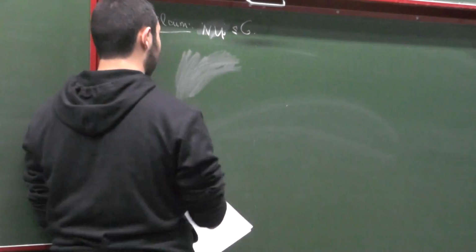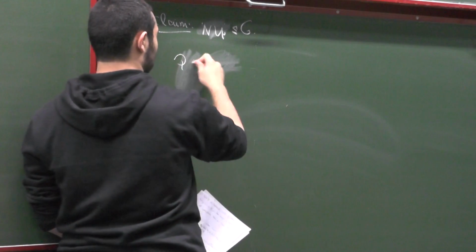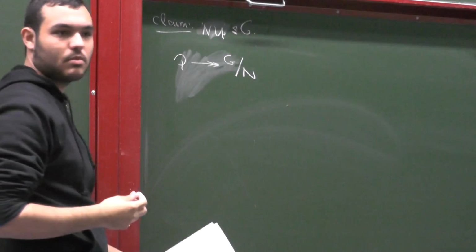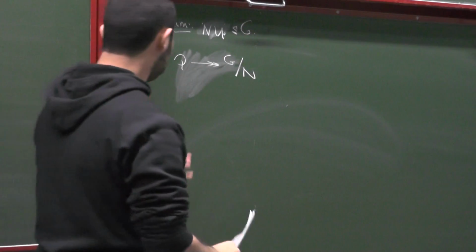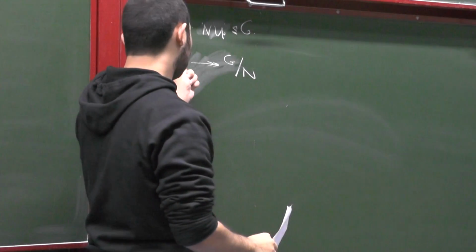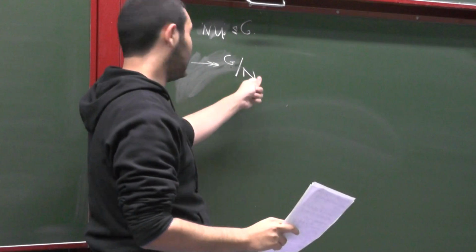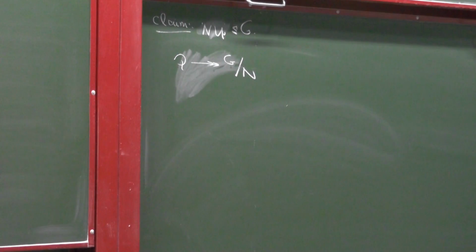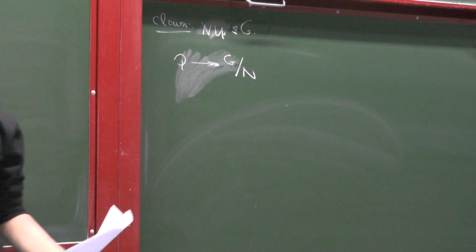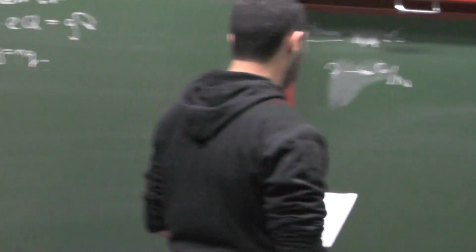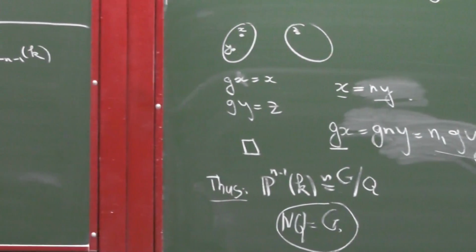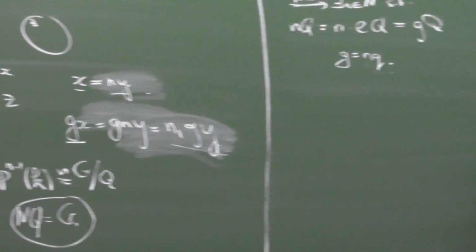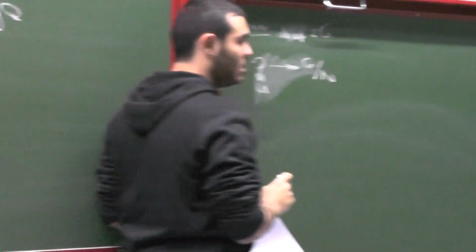Let me start again. We have this projection of Q onto G mod N, right? Because we first embed Q in G in the normal way, and then we divide by N. This is indeed onto because we have this. Okay? Now, U is normal in here. So if we look at the image here, U will be normal again, because this is a surjection.